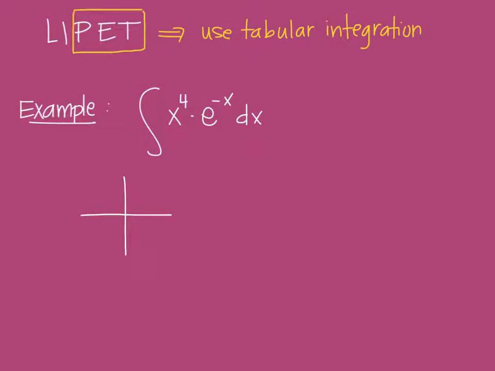Okay, you identify your polynomial will be in the x to the 4th position, and e to the negative x dx would be in the other one. And the process, you just start the same. Okay, we do a derivative. The derivative would be 4x to the 3rd. And we do an antiderivative. And the antiderivative is negative e to the negative x.